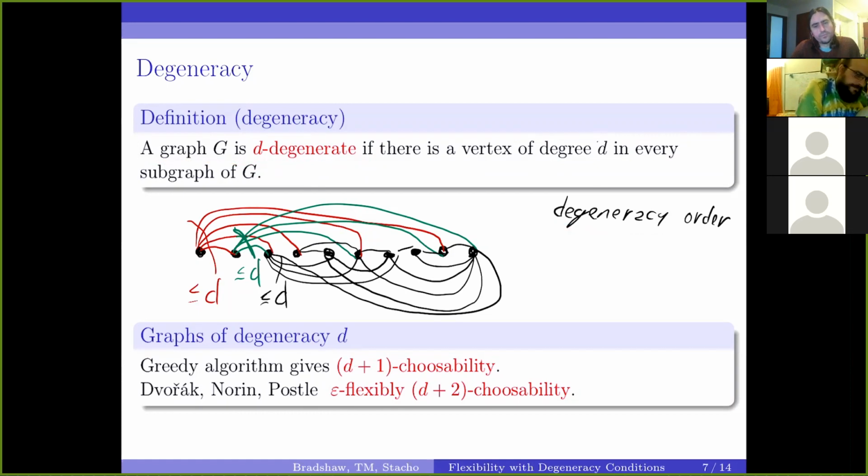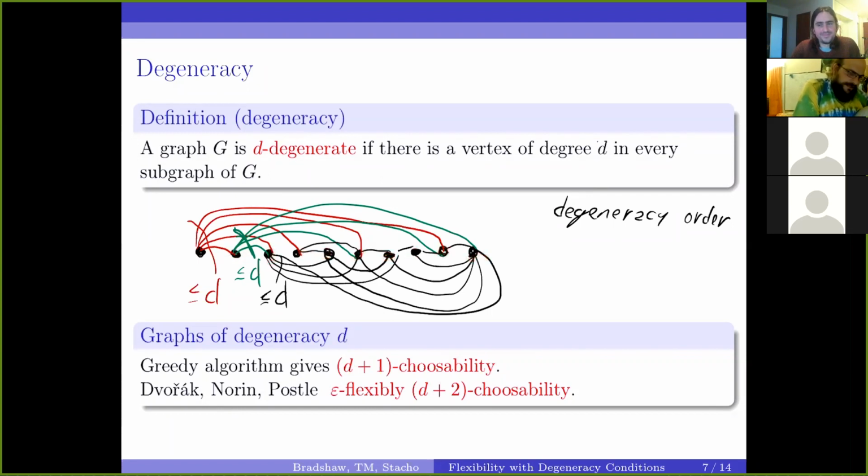So we will produce an ordering of vertices in a way that each vertex has degree to the right at most D. So this is the first vertex in the order. Then the second vertex in the order has degree to the right at most D, and we don't care about the degree to the left, and so on.